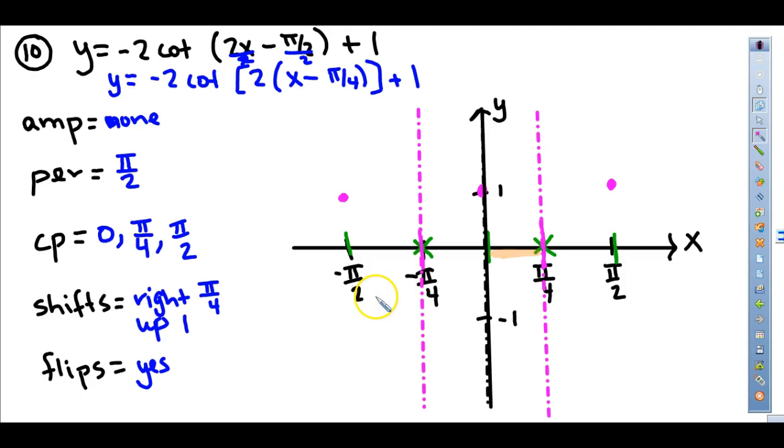Okay? And now all I have to do is figure out which way those little waves, or those little S-curve thingies, are going to go. Remember, your parent function for cotangent decreases left to right unless there's a flip, and in that case, it will increase.